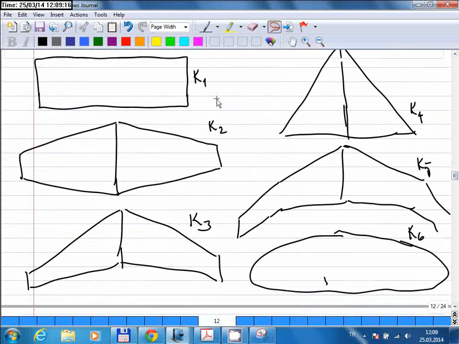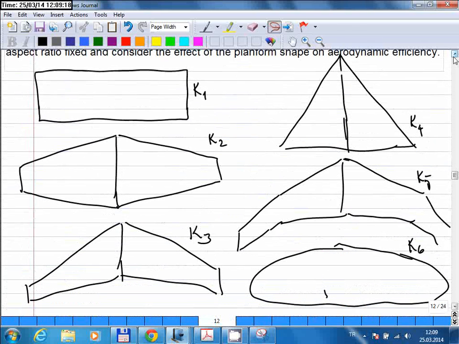Okay, so if you have such different wing designs, then to be able to calculate the induced drag coefficient, you need to know the Oswald efficiency factor for each one of these designs. And for this one, you know that E is equal to 1. For rectangular, this is something like 0.7. And this is a trapezoidal design.